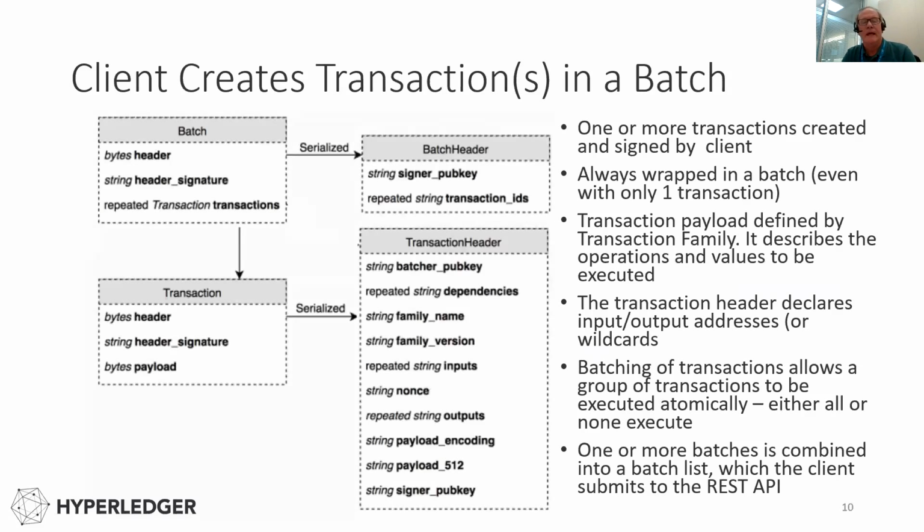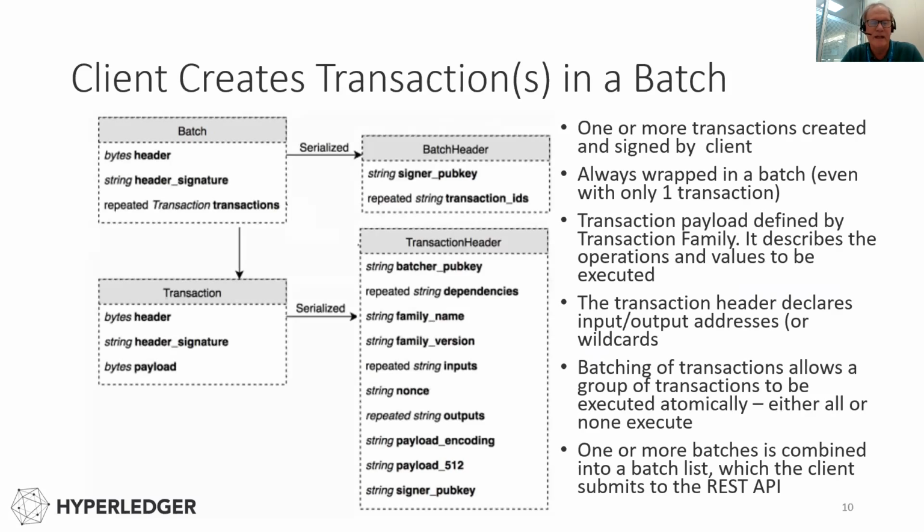So the client creates a transaction in a batch, and you always wrap a transaction in a batch, even if there's just one. The transaction payload is the main field for a transaction, and that is free format. It's defined for a transaction family and completely up to you. Then you need a header and a header signature.